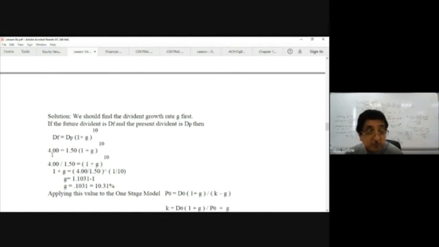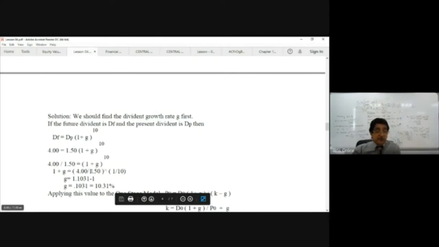So then we put 4 as the future dividend, and it is equal to 1.50 into 1 plus G to the power 10. And you can see the way it has been solved. 4 divided by 1.5 is equal to 1 plus G to the power 10, and 1 plus G is equal to the 10th root of 4 divided by 1.5.